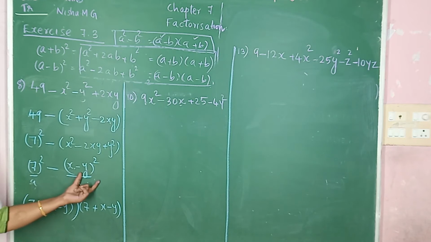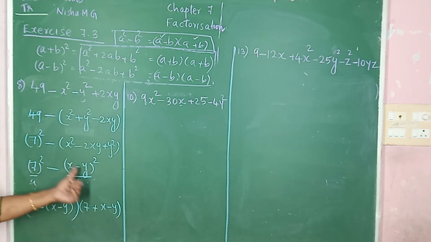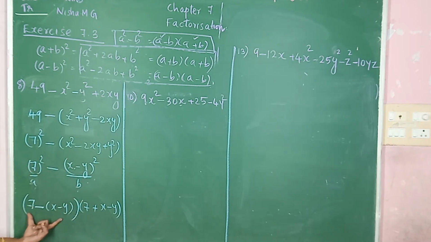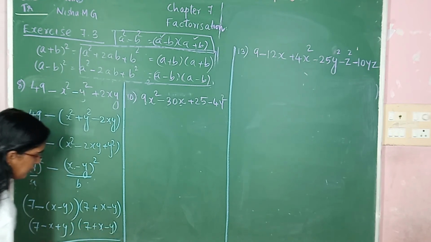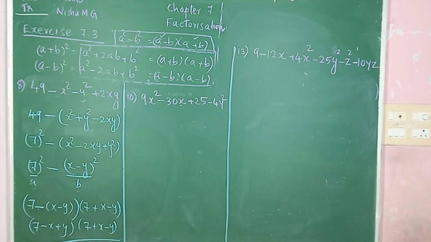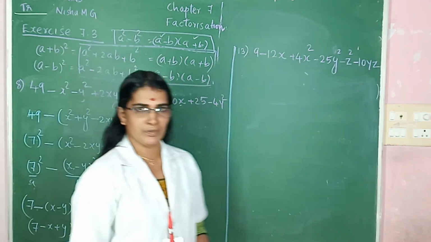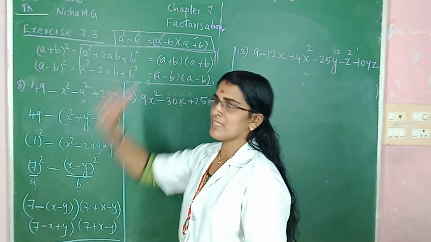Just open the bracket: 7 minus x plus y into 7 plus x minus y. These are the factors of the given expression. I hope it is clear for you. We are using the previous identity.